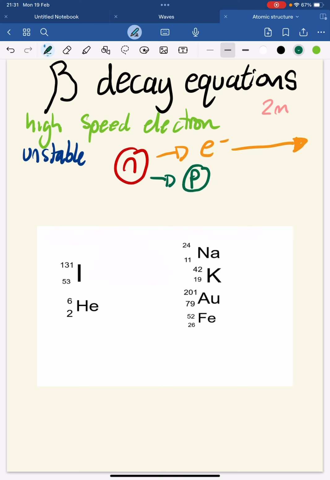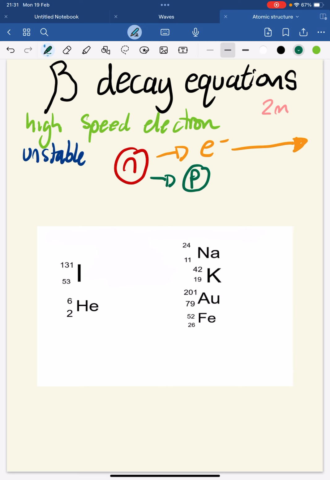Now, there's a couple of things we have to know about this, and firstly the relative atomic mass of a neutron and a proton is the same. They both have a relative atomic mass of 1. And that's important when we talk about the decay equations.